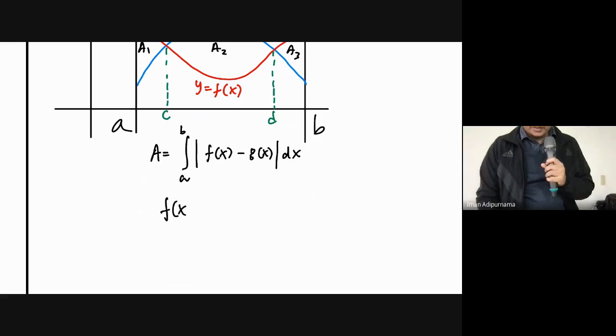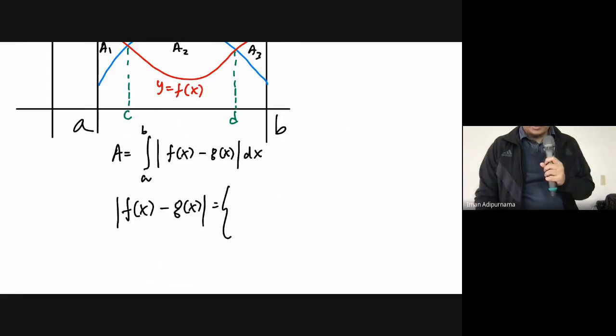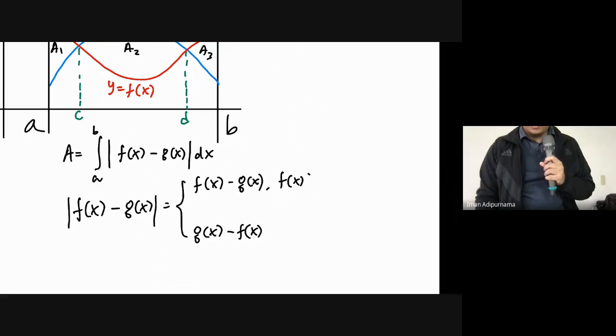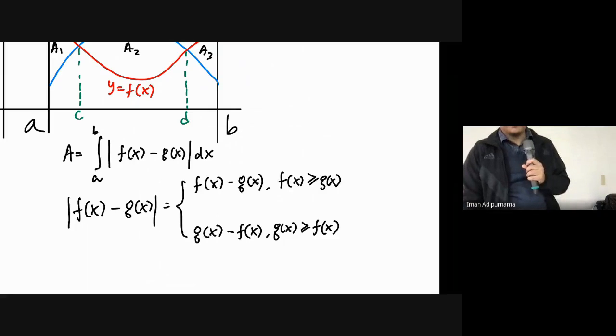So we can have this as f of x minus g of x, and g of x minus f of x. This is if f is greater than g, and this is if g is greater than f. Okay.